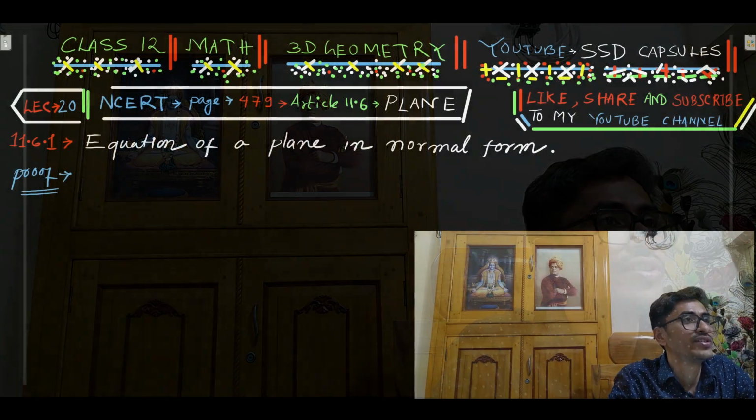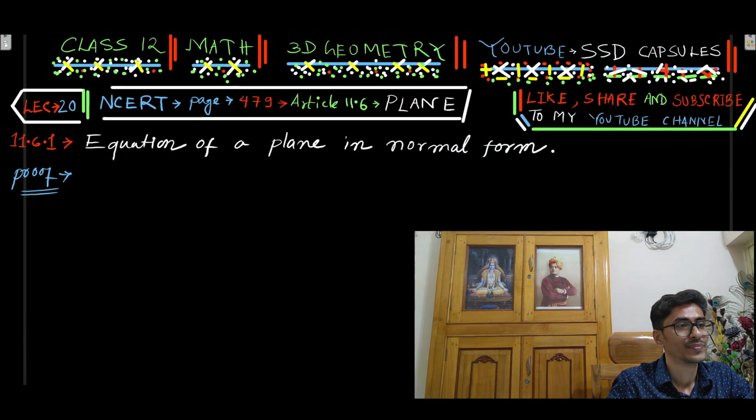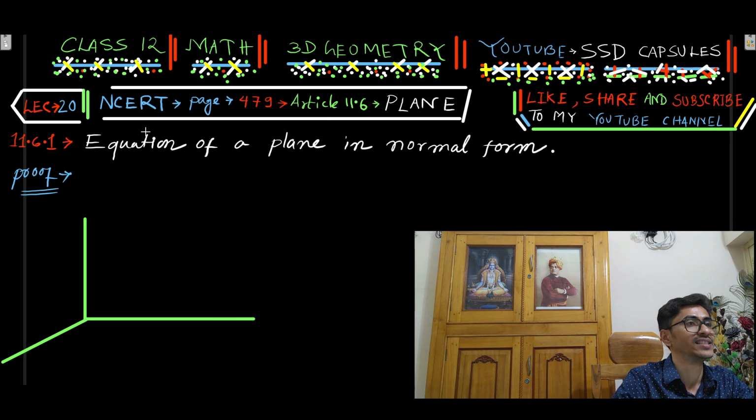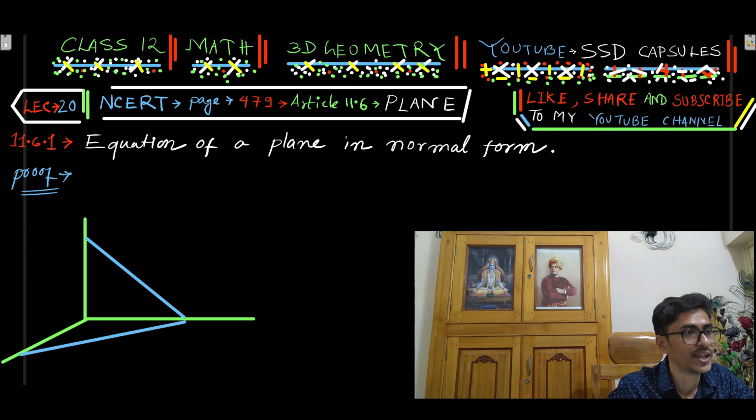So first we will draw the diagram. First we will take x-axis, y-axis and z-axis. Then draw a diagram of plane. Okay, now name this.